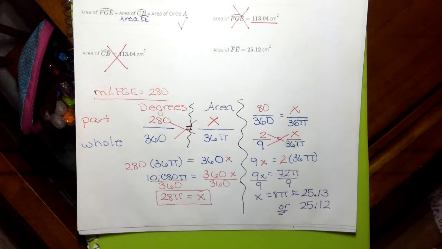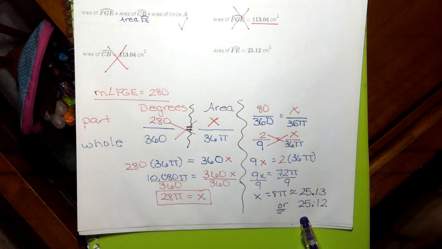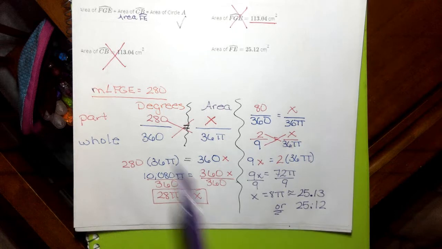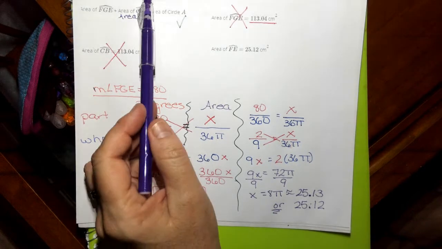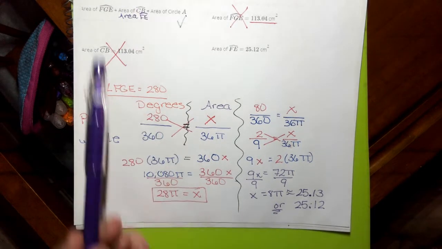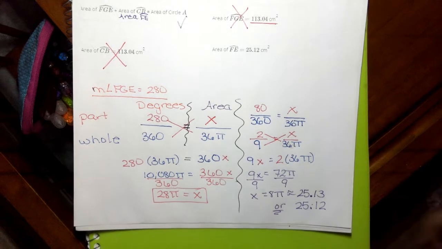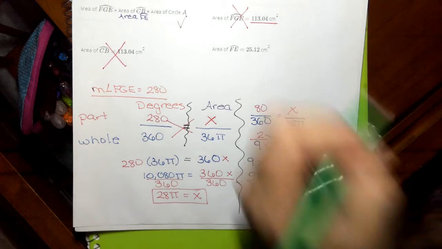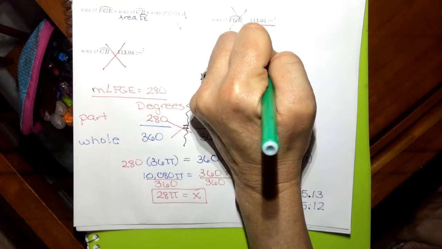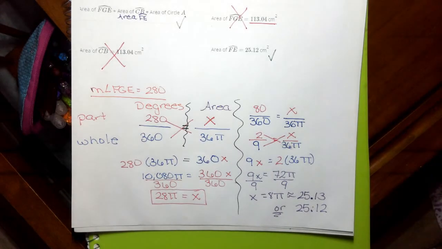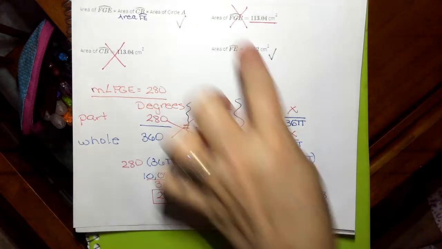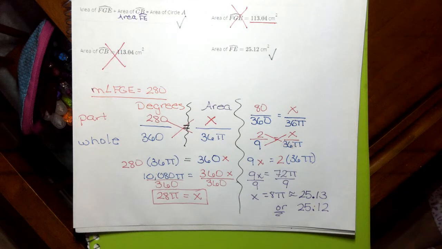Remember, we're doing an approximation at this time. All right, we know that CB is equal to 25.12, and yet up here, we know that CB and FE are equal. So is FE equal to 25.12? Yes.